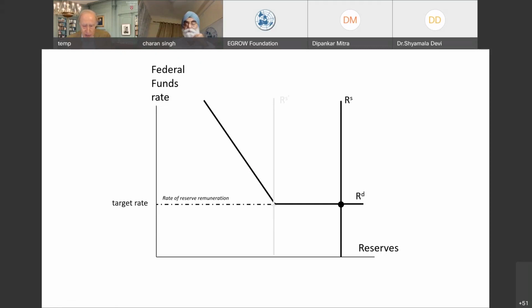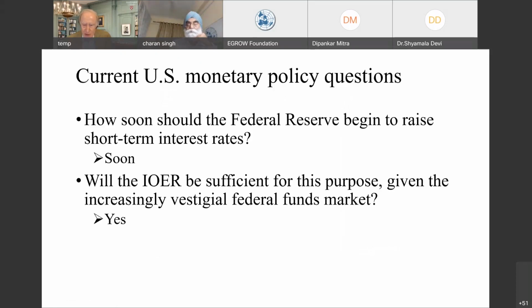So the question is, is this new mechanism going to be effective? And my answer is yes. I've looked at it, and many others have, in more detail than I, and I am not concerned about the Federal Reserve's ability to raise the interest rate.